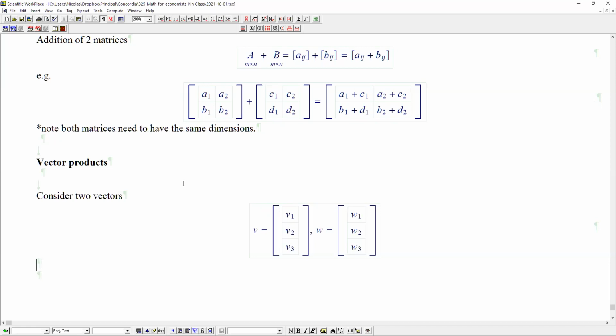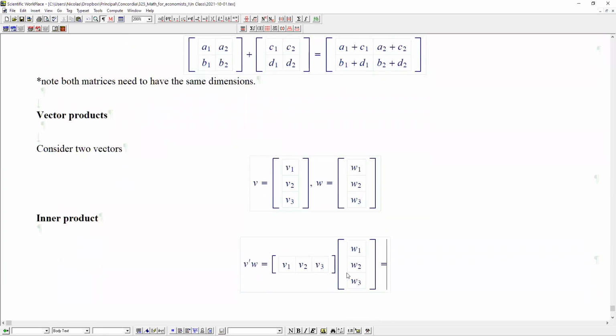First example is inner product, which is written V prime W. And what is it? V prime is the transpose of V. So I get V1, V2, V3, which multiplies W1, W2, W3.